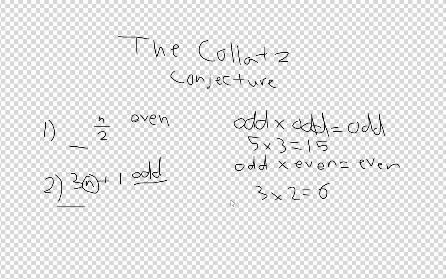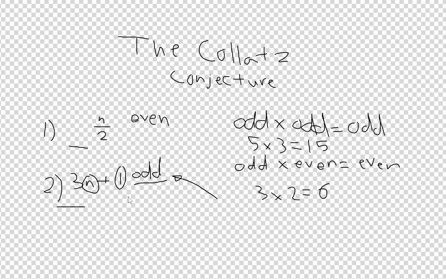So, going back to these equations, it can be seen that for formula number 2, if you have any number, which is n, for example, 1 times 3 is 3, but this plus 1 right here ensures that it would either become an odd number or an even number.